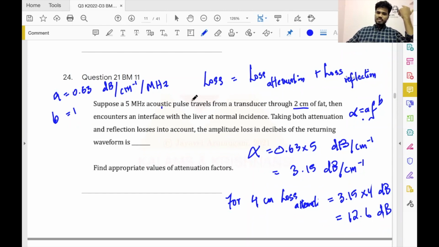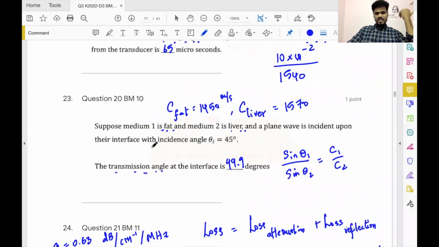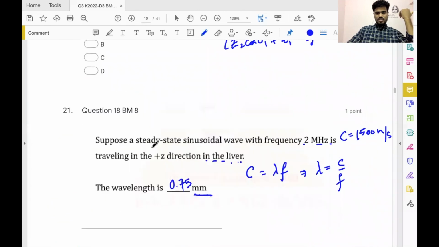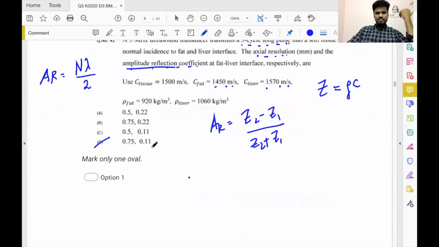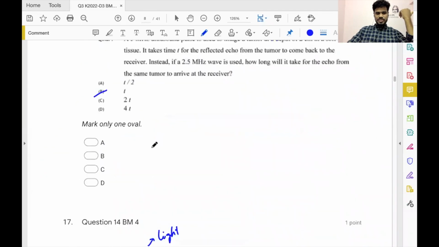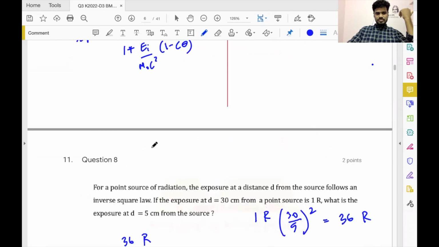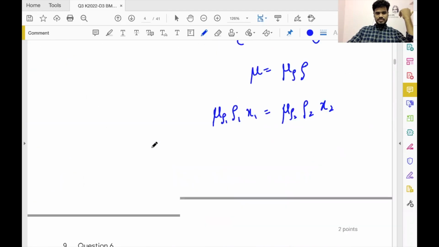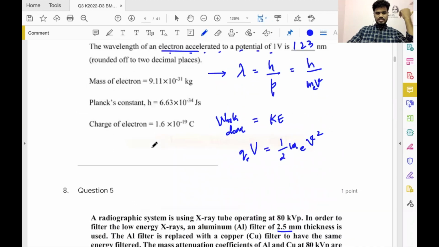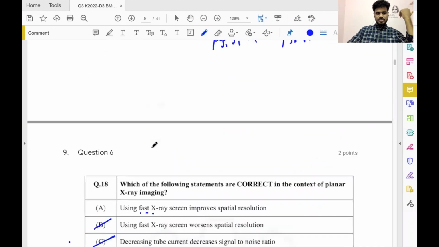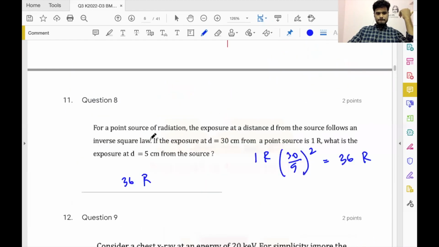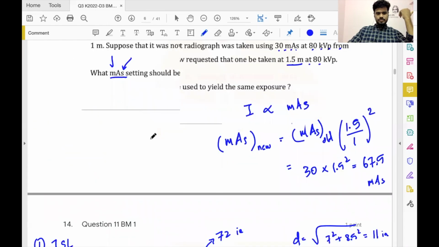Then, of course, we need the reflection loss. Let's see what the values were over here. We found the intensity coefficient here for this problem. So 1.66 and 1.3.